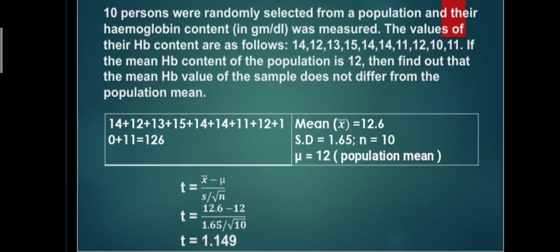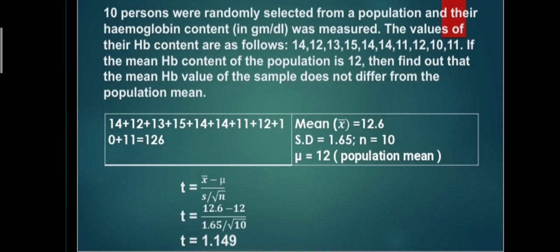By using the SD formula, which is the square root of the sum of (x minus x bar) squared divided by n minus 1, we can calculate the standard deviation also.